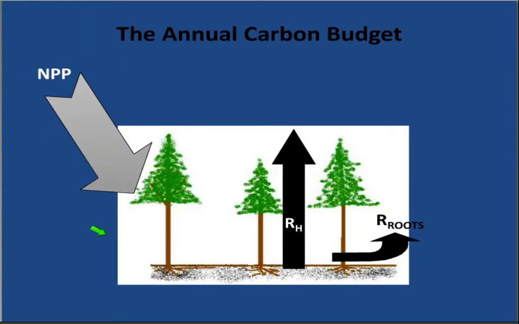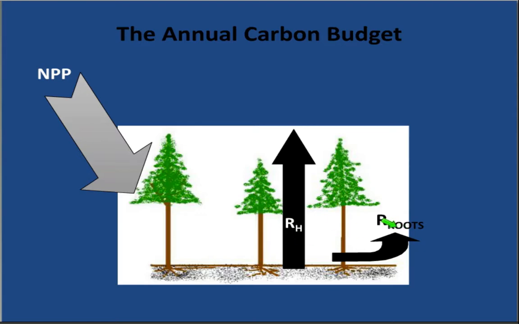Okay, so this picture again, NPP now is our primary input to the ecosystem, and PINEMAP and the cooperatives are measuring that process through repeated measures of tree diameter and using allometry to estimate tree size as a function of tree diameter. Over here on the right, we see two fluxes out, heterotrophic respiration and root respiration.